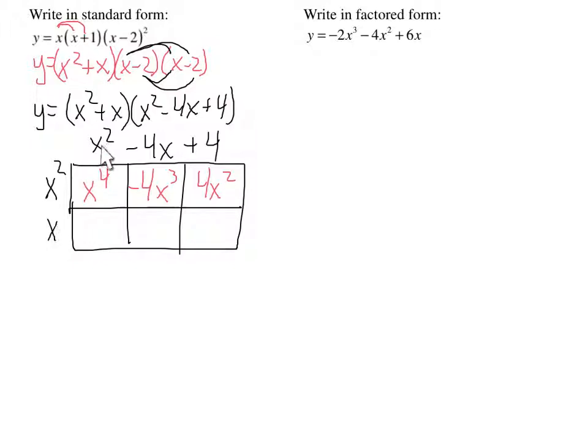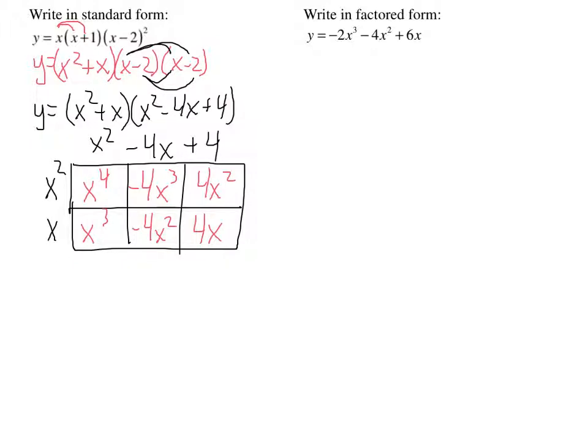Okay, x times x squared is x cubed. X times negative 4x is negative 4x squared. And the last one, x times 4, is 4x.